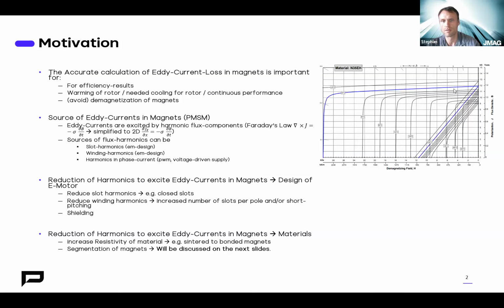But I think the efficiency is not the most important issue regarding eddy current loss in magnets, because compared to the winding loss and the lamination loss in the stator lamination, eddy current loss in magnets is a quite small component of losses.